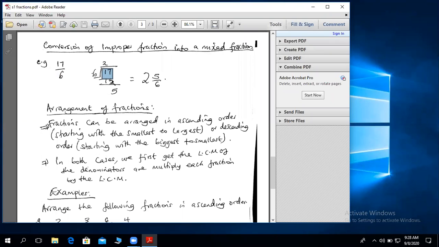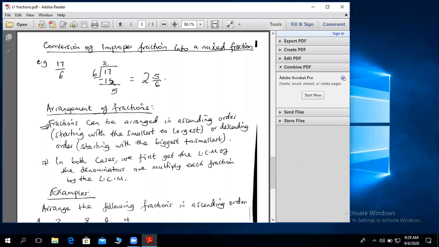5, because 2 times 6 is 12. So it will give you 2 and a remainder. You first write that 2 as the answer, then you get 2 times 6, which is 12, and you subtract it from 17 to get the remainder. So the remainder is 5. Get me?